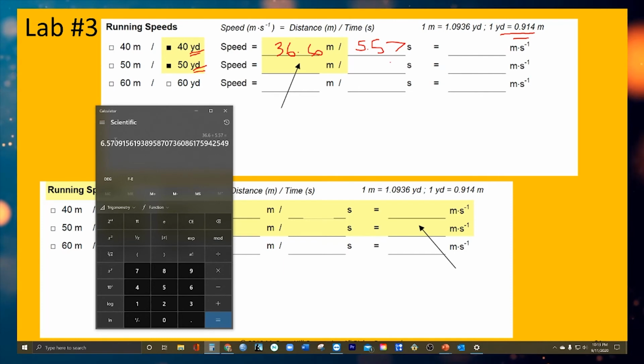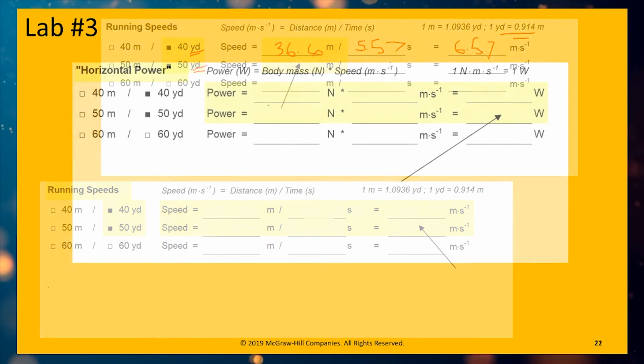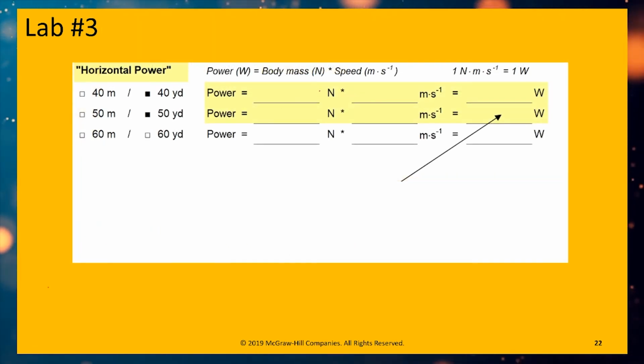We're only going to go to the hundredth place on this. So 6.57. And now we have the speed. So now we need to just fill and go. We know what the newtons are now. We have our meters per second, and that way we can figure out our watts.